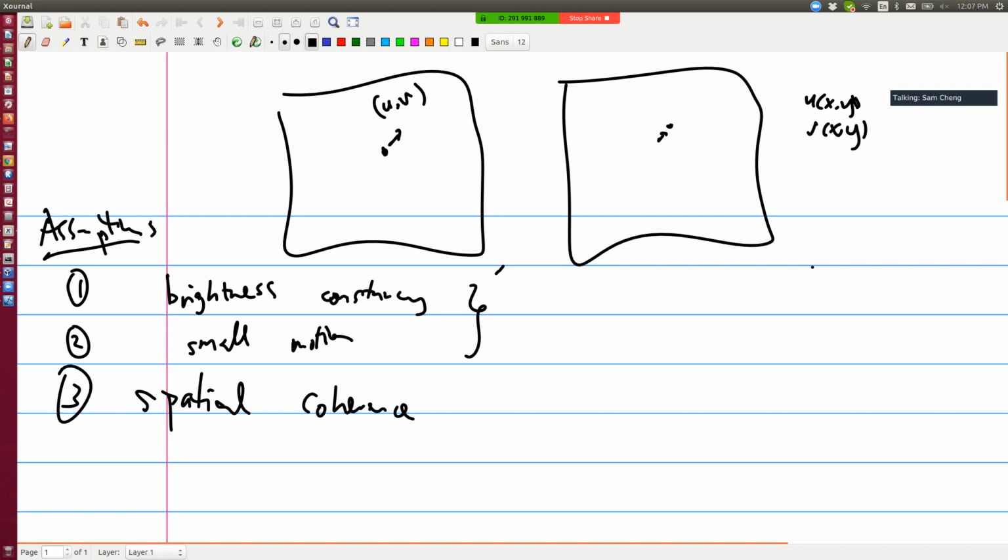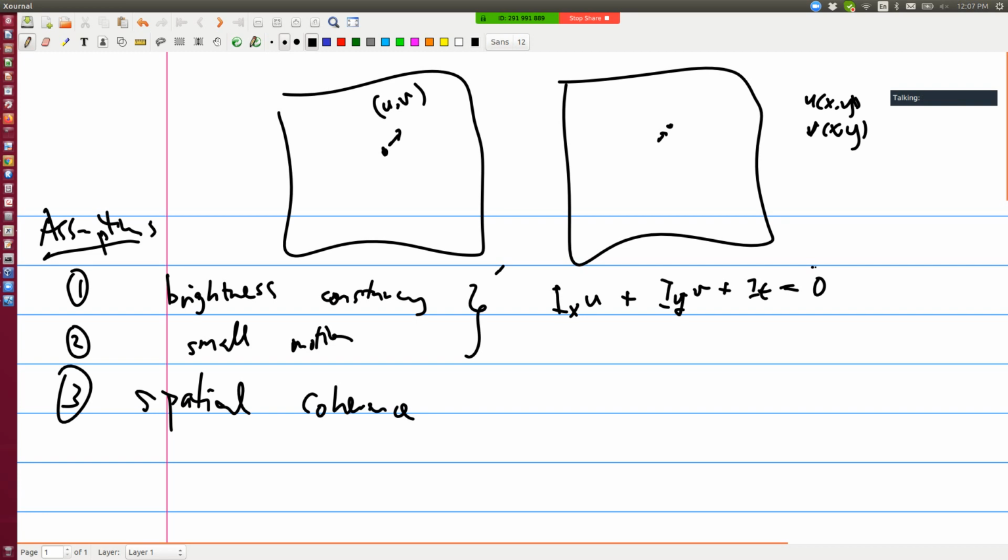So if the flow is U and V, last time we said it is easy to derive using a Taylor series expansion that the image gradient satisfies Ix times U plus Iy times V plus It equals 0.